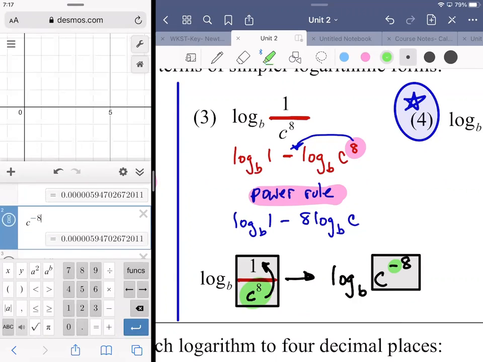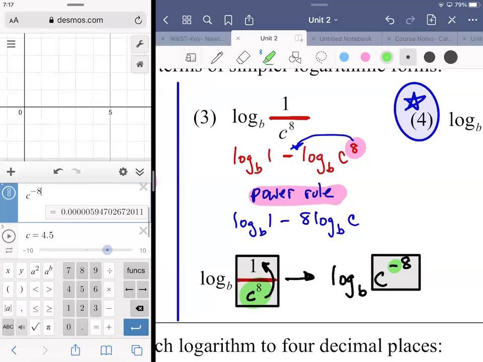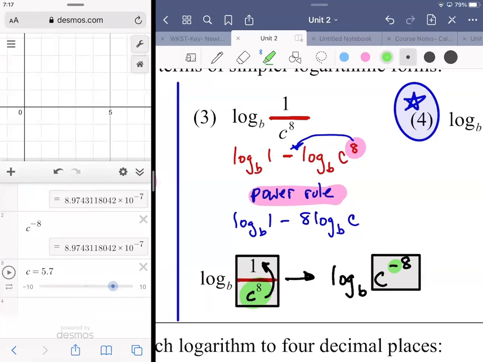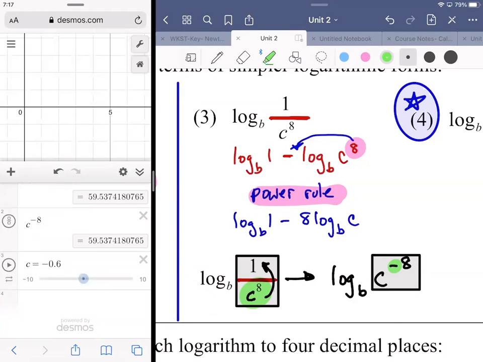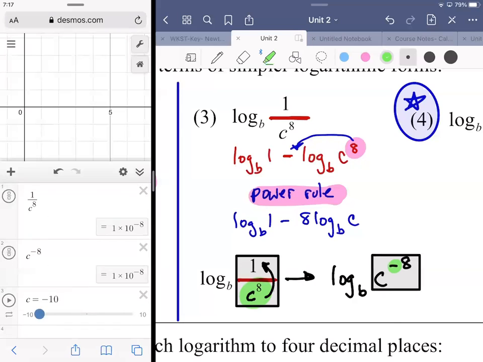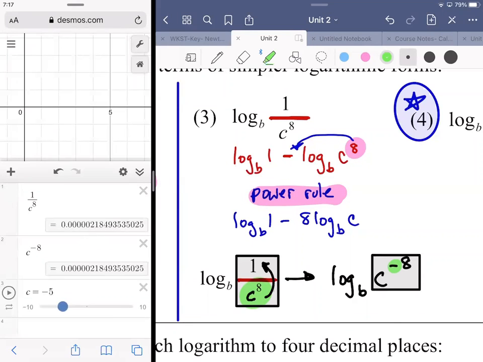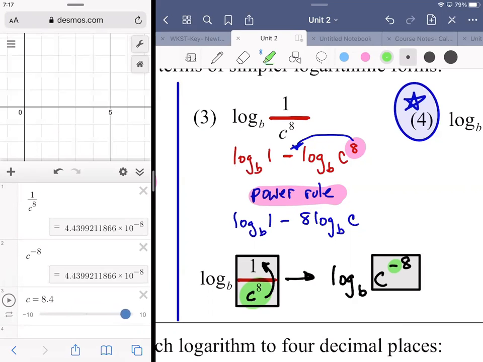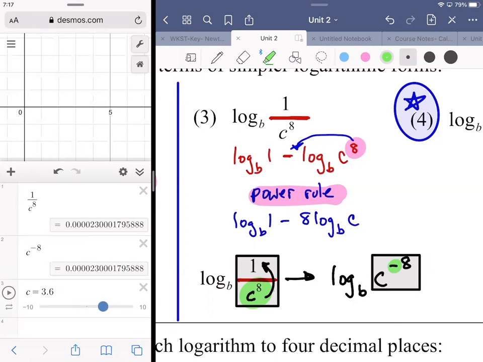And just make sure that it's always going to give you the same decimal. So no matter where I slide my slider, those decimals are always the same. So there's reason to assume that these two expressions are equivalent in value. So if you're ever unsure about a rule, you could use Desmos to verify it for you, which is a nice feature.